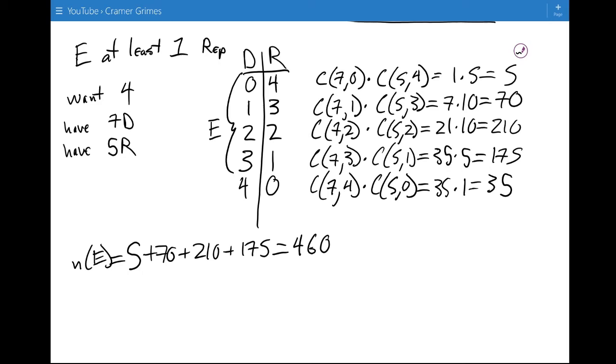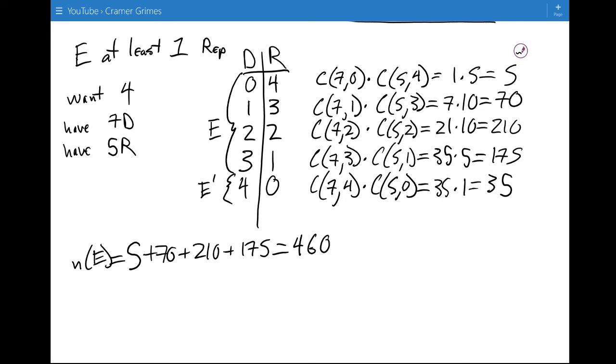However, there is another way to do this problem. Here I can look at my bottom row. That's what I didn't want. That's the opposite of at least 1 Republican.